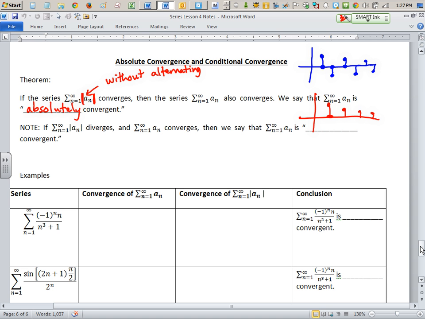Now what if I told you that these were the same series, but this one up here is an alternating version of this one. And then I told you that this one, which is very unlikely to converge, does converge. If I told you this one converges, would you trust that this one does? Yes. Sure it does. If these segments add up to something finite, then certainly counting some of them as backwards would make it even more so finite.